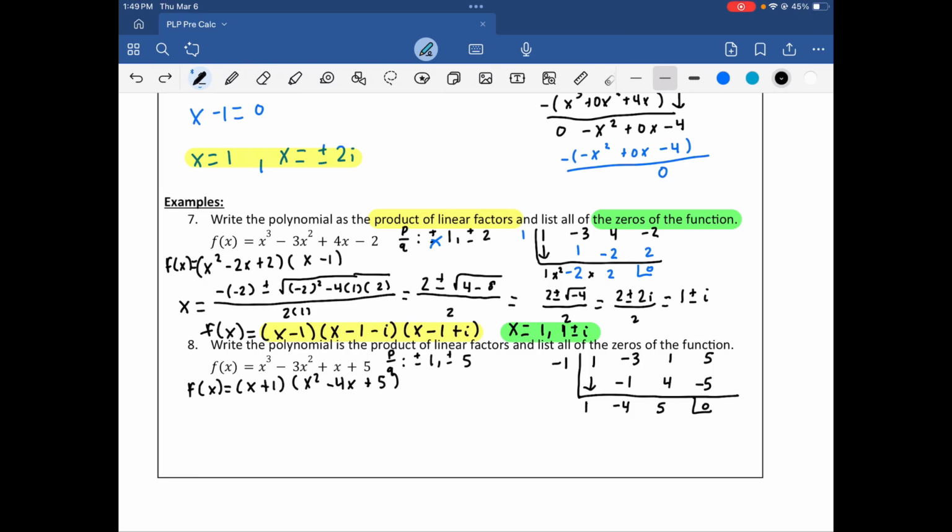So we have x is equal to negative b plus or minus the square root of b squared minus 4ac all over 2a.